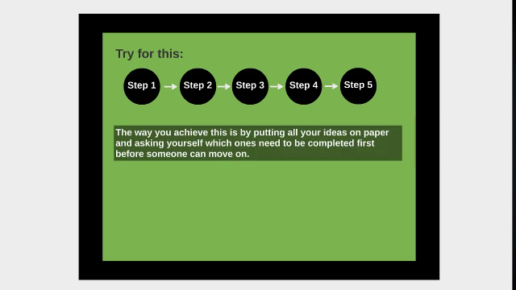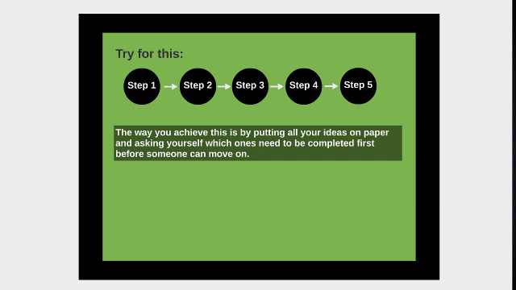Now, the way you achieve this is by putting all your ideas on a piece of paper. Don't worry about the order or anything like that. But once you are ready to reorganize it, once you have all the ideas on a piece of paper, then you need to ask yourself, okay, which one of these needs to be completed first? If I were to go through this program myself, what would be step 1?